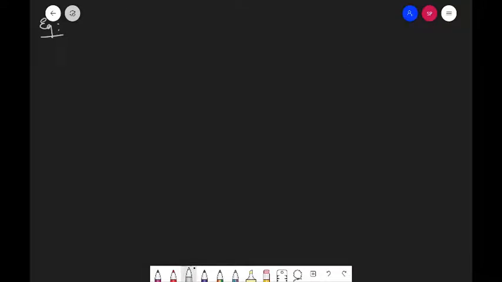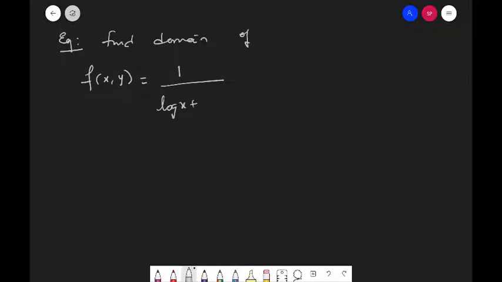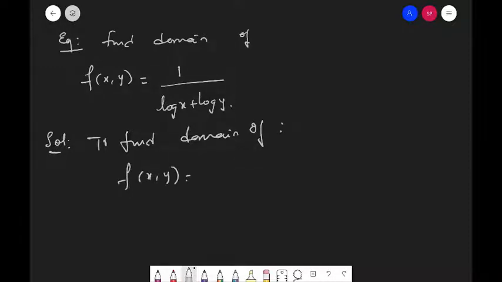That is, we are given here, find domain of the function f of xy is equal to 1 by log x plus log y. Right. Now here you have to, let us look at solution to find domain of f of xy is equal to 1 by log x plus log y.